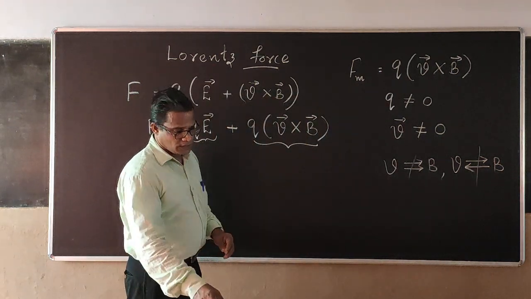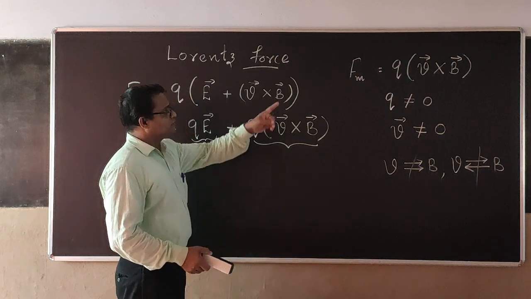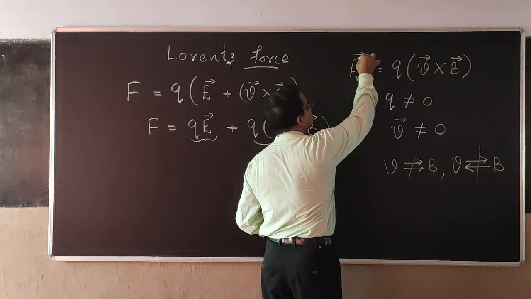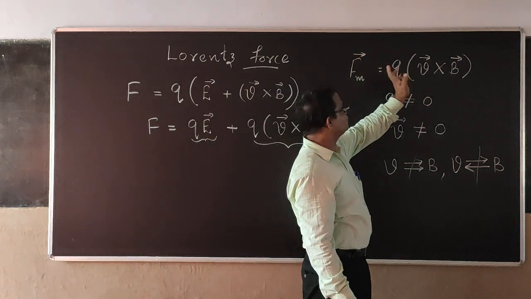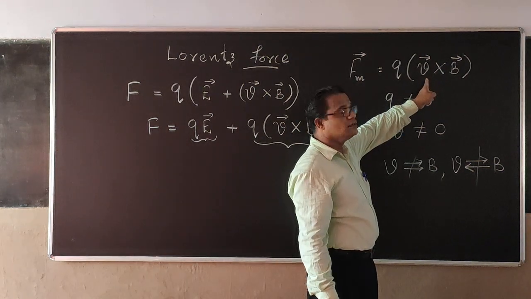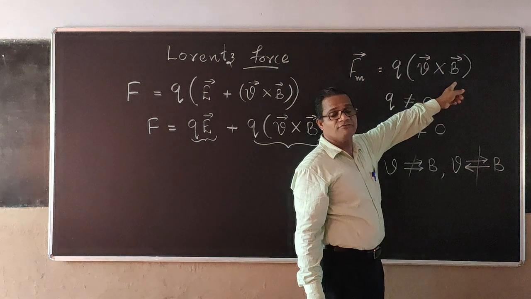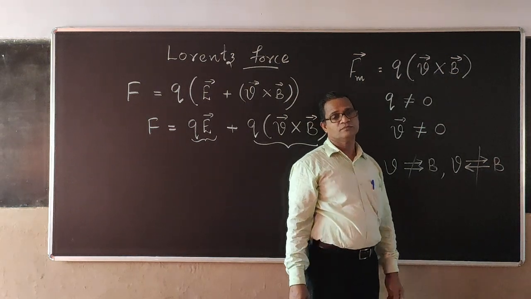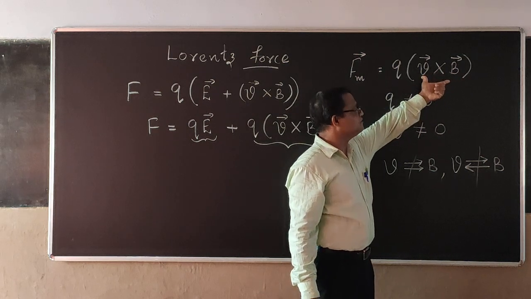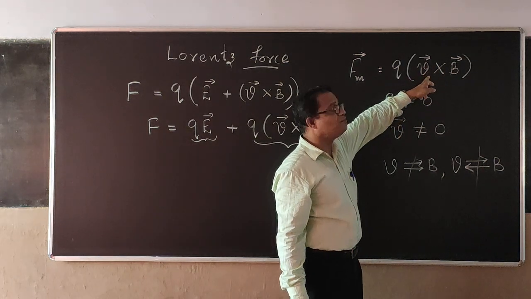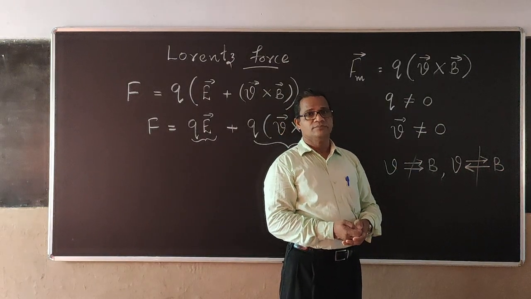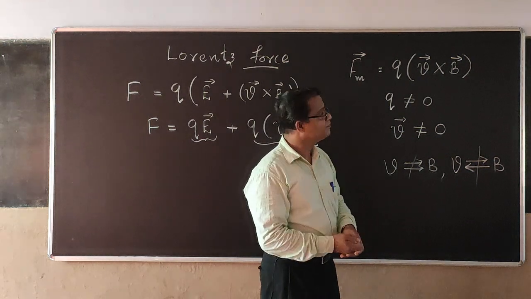Okay? Now, from the equation, we can find that the direction of the magnetic Lorentz force will be decided by the cross product of V and B. By definition, if it is V cross B, then the resulting vector must be perpendicular to the plane containing V and B. Okay?